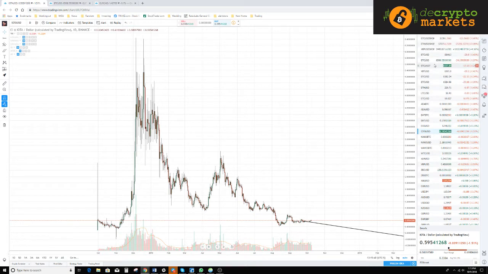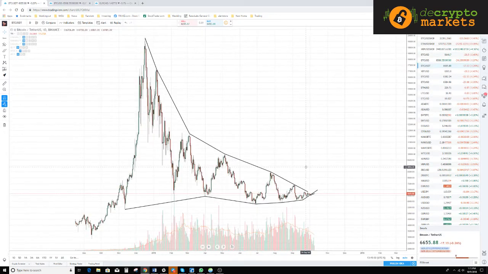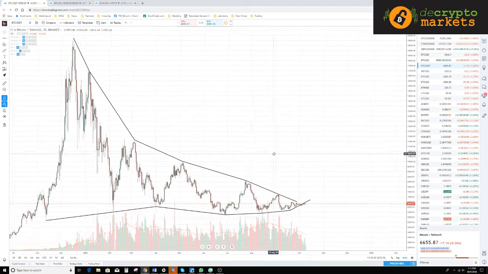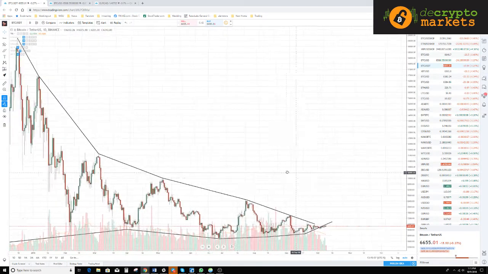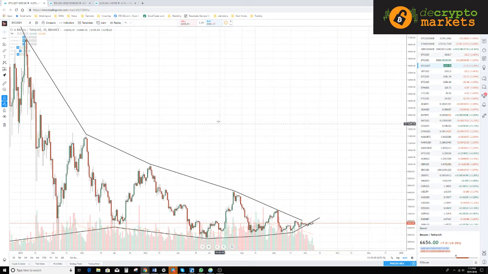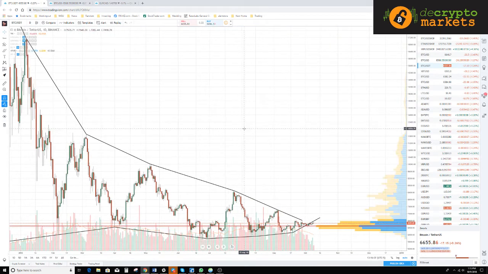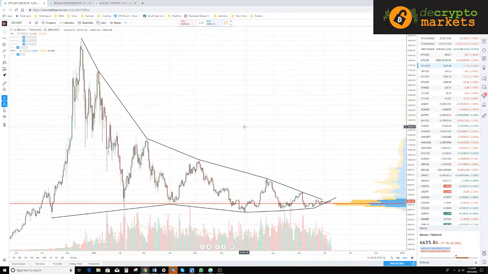If we go to, let's see, Bitcoin. All right. Well, I mean, volume profile will do that for us just fine. If we look at the volume profile, we have spent the most amount of time in this area, period.